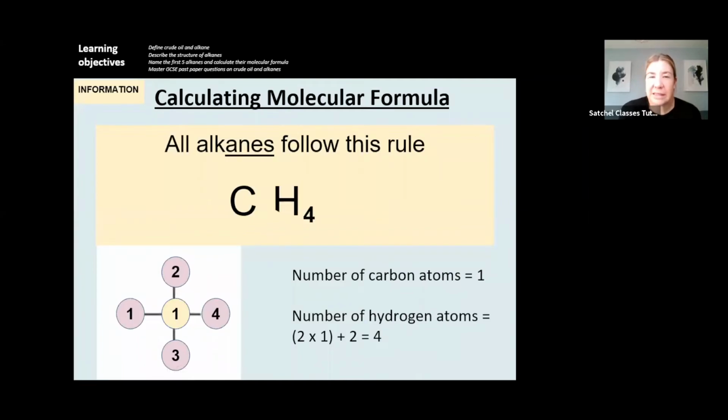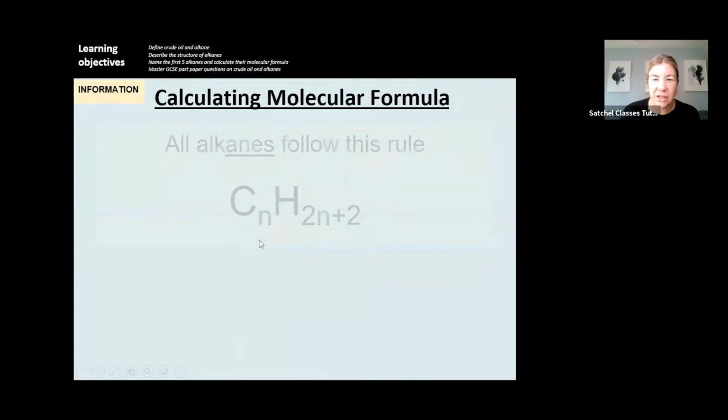It's implied. For example, if I was to say CO2, carbon dioxide, how many carbon atoms are in CO2? Hopefully, you'll be thinking 1. The formula isn't C1O2. We don't say that, because in chemistry, we don't write a 1. So that's why the formula for this methane molecule is CH4.